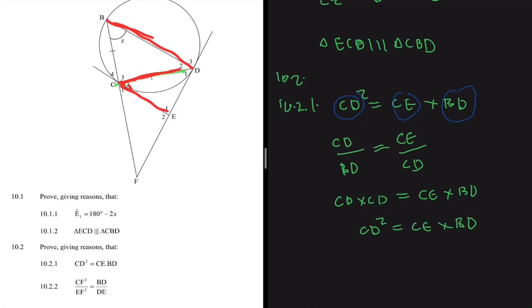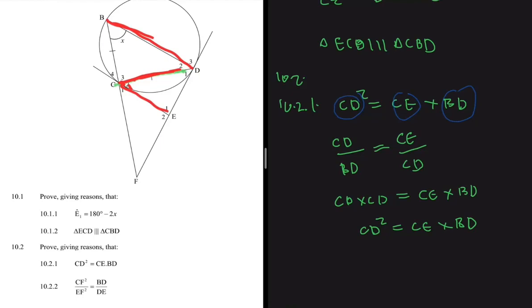If you take a ratio of the smallest side to the biggest side on one triangle, it will be equal to the ratio of the smallest and biggest on the other triangle. It doesn't have to be smallest and biggest in that order. You can do it in any other way. But as long as you do the same thing on the two triangles, the ratio of the two sides must be equal to each other. And that's how you would do 10.2.1.